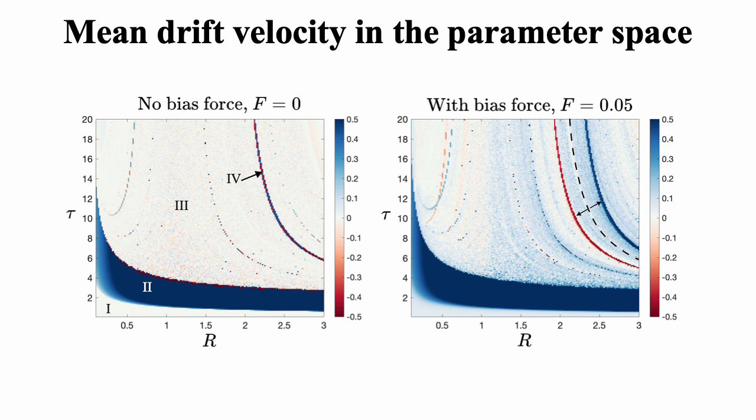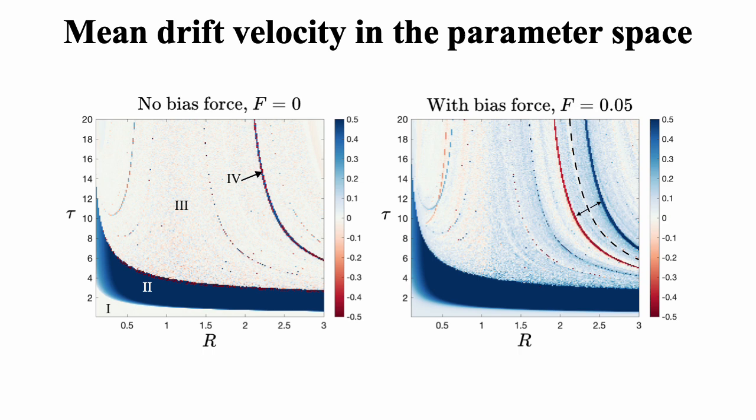So what this means is that if our parameters happen to be in the chaotic regime, which was just below the band, then as you increase the bias force, you would be swept by this red band, and this would be perceived as negative mobility for the particle.